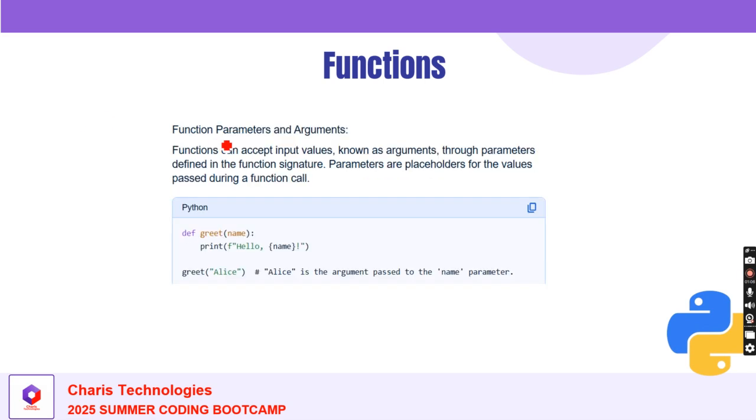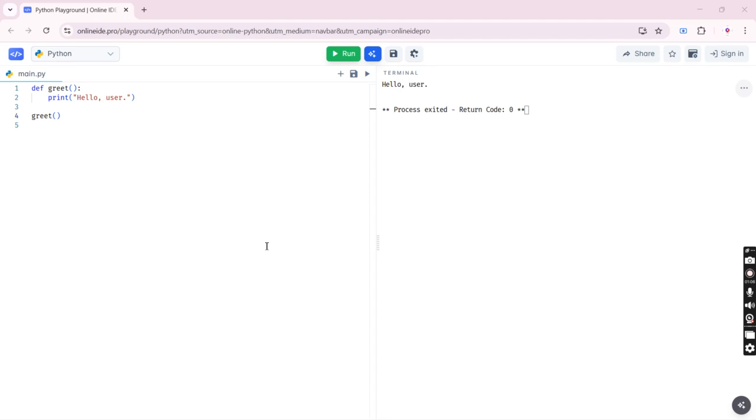Now function parameters and arguments. Functions can accept input values, which are known as arguments, through parameters defined in the function signature. What do I mean by this? If I come back here and say def greet, let's say I want a name to be entered whenever you are calling this function.